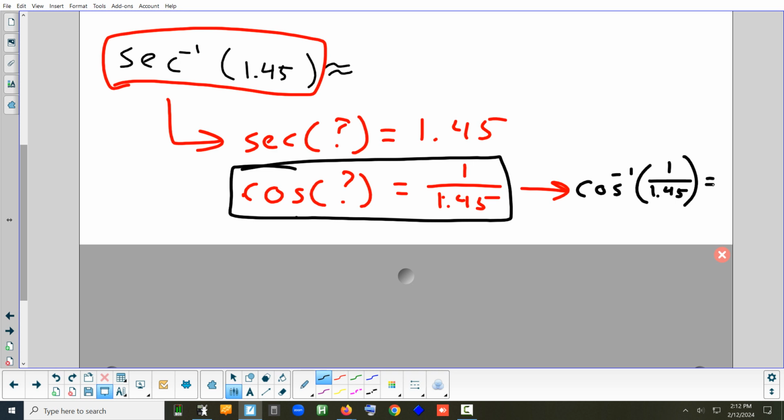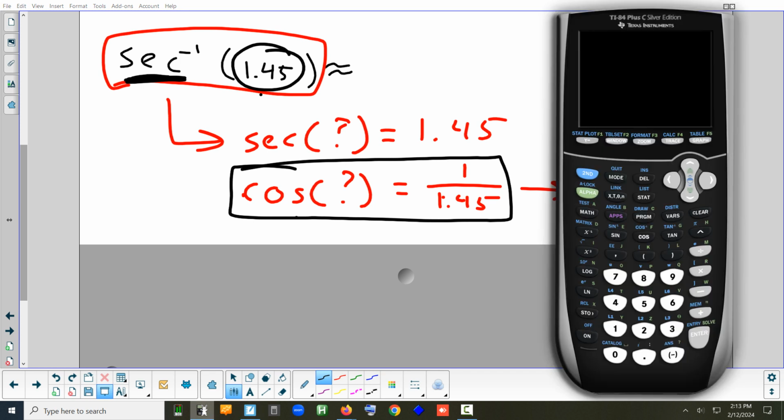So the trick is, when you're trying to do inverse secant, cosecant, or cotangent, you do flip something, but you don't flip the entire box. You only flip what's in the parentheses. Flip what's in the parentheses and change this to the function that it's connected with.